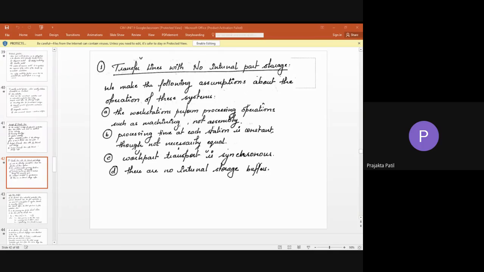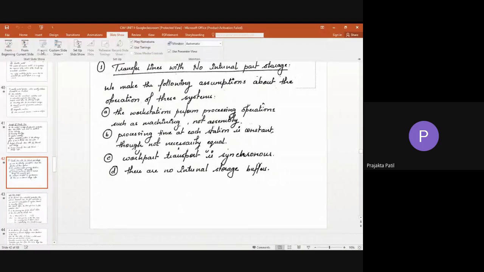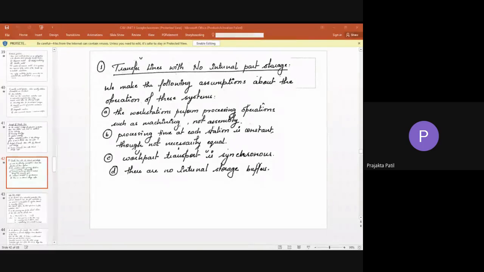As we have started late, I'll not take a break, okay? We will stop the class at 1:30. Have you noted down the assumptions?